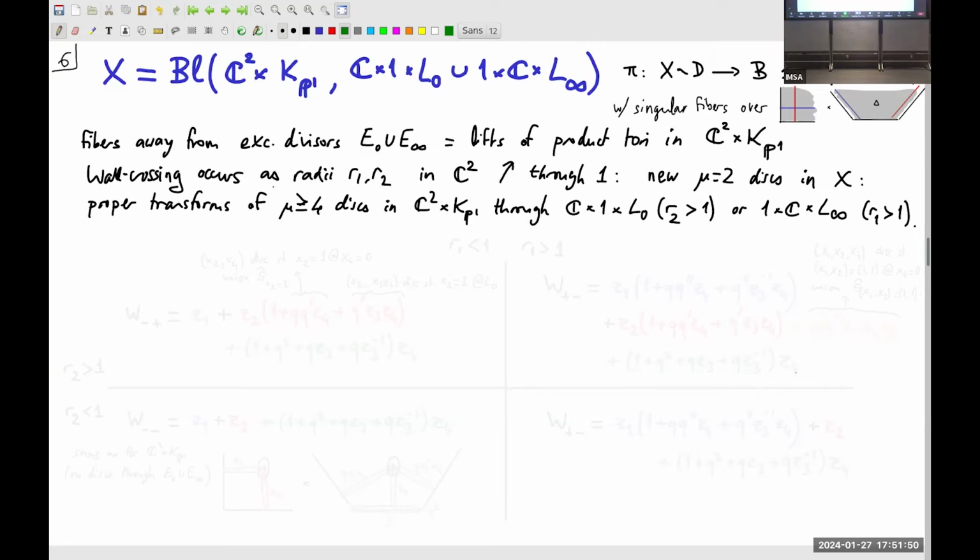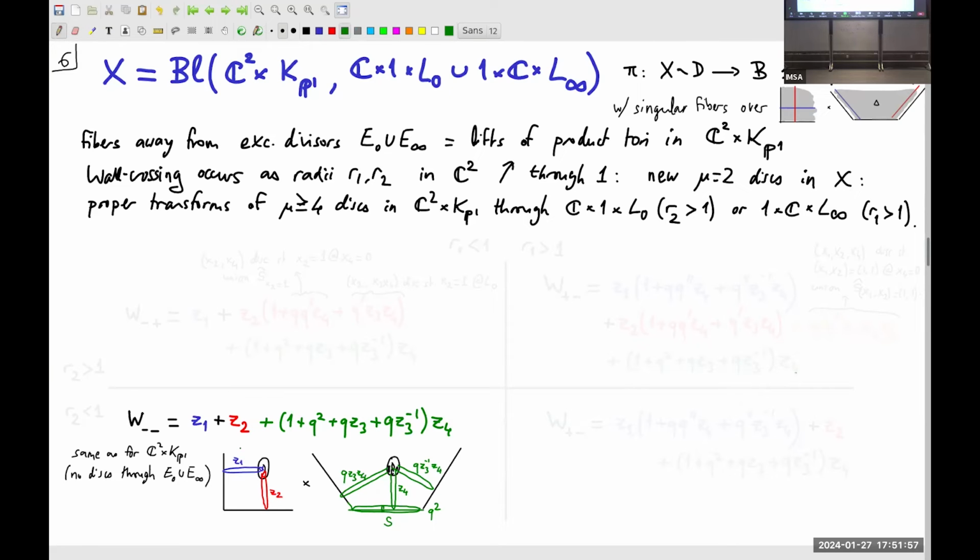Well, if my radius is less than 1 in both factors, then the maximum principle implies that my holomorphic disks, when I project them first under the blow-up map, then to C^2, will stay inside the unit ball, and therefore they will not see anything about my exceptional divisors, which I placed at 1 on the two axes. So if the torus is thin enough in the C^2 directions, it doesn't know anything about the blow-ups. We still have the same disks as before.